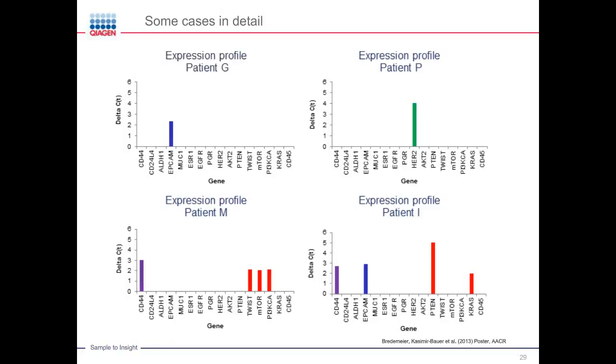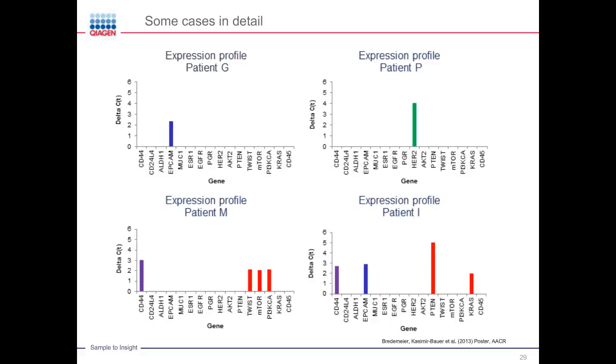So we have patient sample G, where we can see in this panel only AirCam is overexpressed in the cDNA we got from that patient. And in patient P, we have only HER2. The AdCam is not there, but also not other genes of the EMT pathways or the tumor stemness pathways.